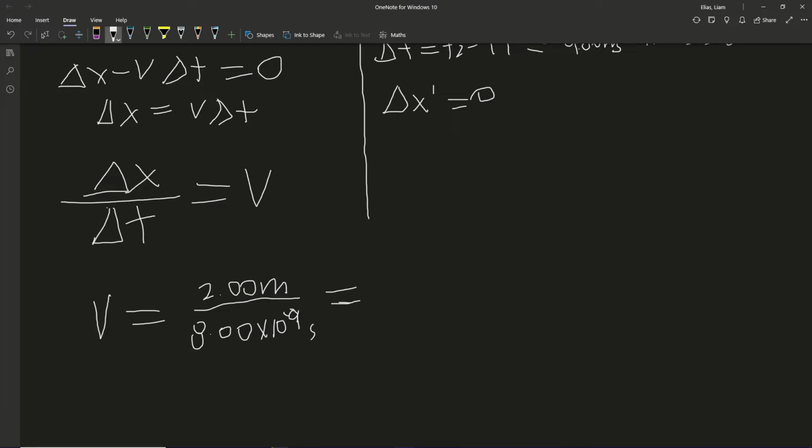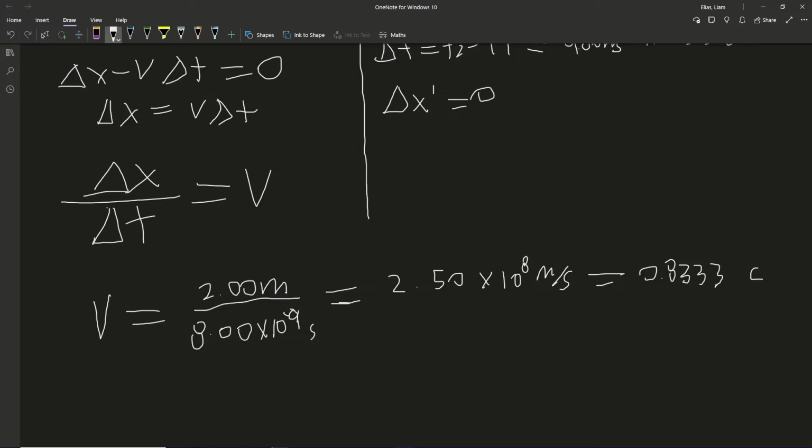So then this is going to equal 2.50 times 10 to the 8 meters per second, which is also equal to 0.8333c. So 0.833 the speed of light.